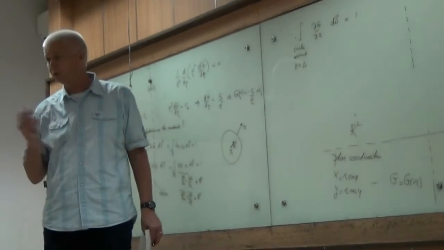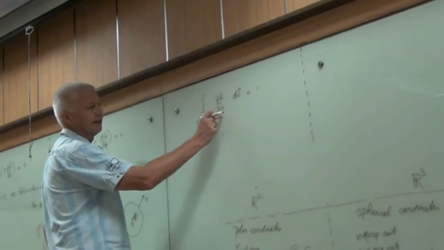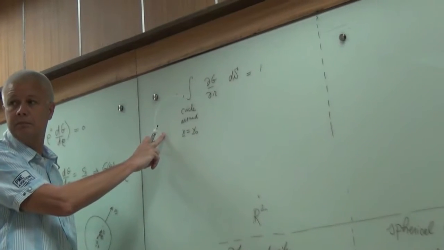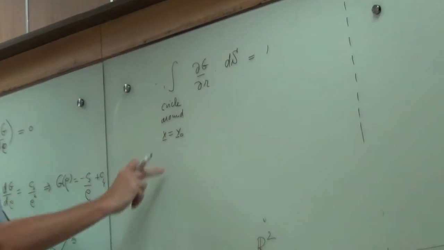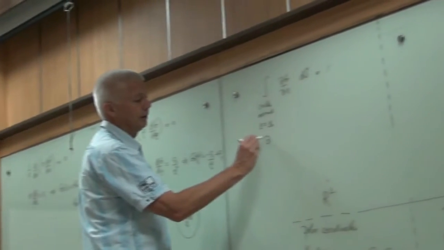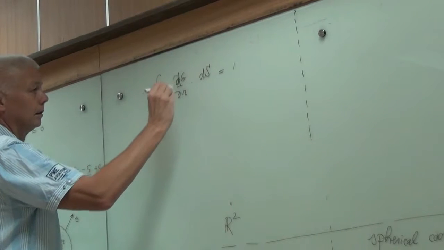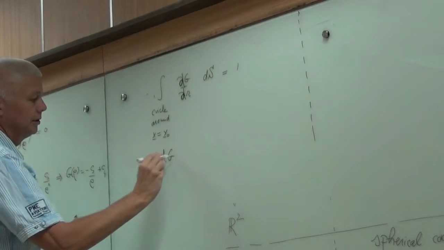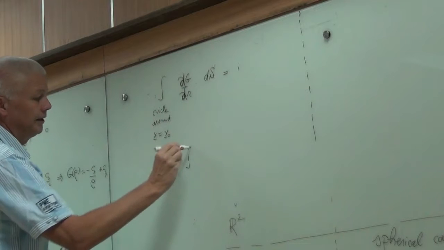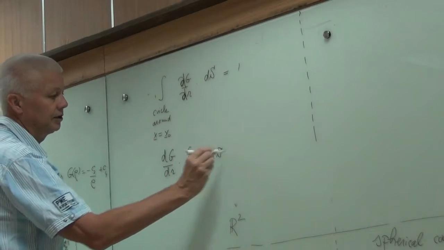No, it's constant, because g only depends on r. So in this integral I can take out dg/dr, because it's not varying over the circle. g is a function of r, over the circle it does not change. So I have dg/dr times the integral over the circle of 1 dS, and that should be equal to 1.